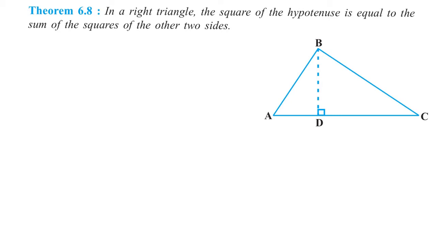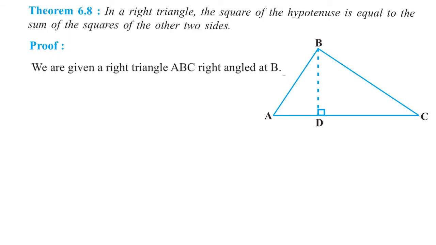So let's go ahead. So we are given a right triangle ABC, right angled at B. So angle B is 90 degrees. And we draw BD perpendicular to AC. So BD is drawn perpendicular to AC.